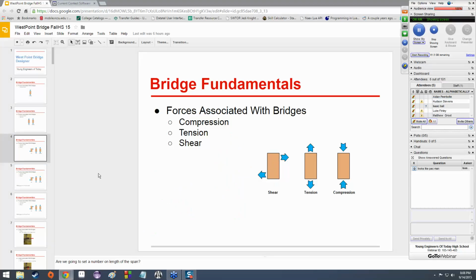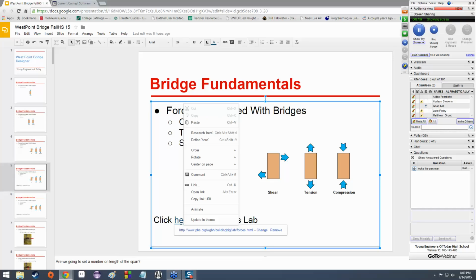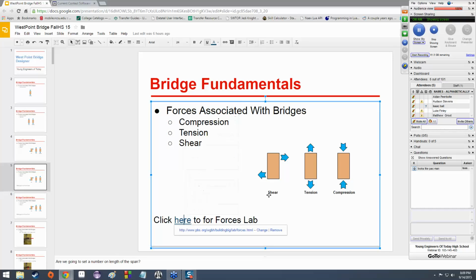Okay, so anyway, compression, tension, and shear. These three are all forces which act upon a bridge that bridge builders have to worry about. And if you wanted a little bit more information on that, I've got this link to the Forces lab. Put that in the question box so everybody can see it.